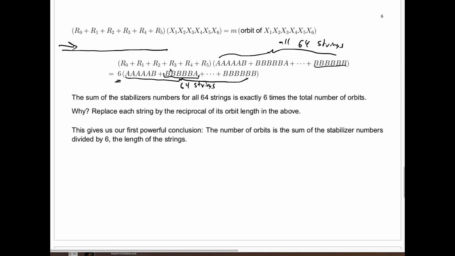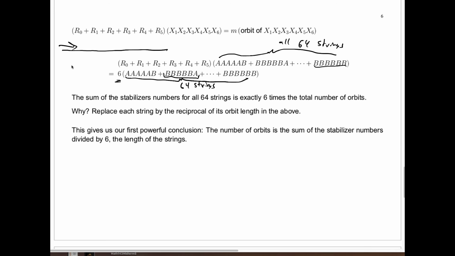And similarly, there'll be some other string in this list of 64, which when you apply R2 to it, becomes this string. And so for each of these rotations, there's some string in here which when you apply the rotation gives you the string BBB, BBA. So it will appear in the end 6 times, and that will be true of each and every one of the 64 strings. So we get this really neat identity that says when you apply all 6 rotations to all 64 strings, you get those exact same 64 strings, each one repeated 6 times.